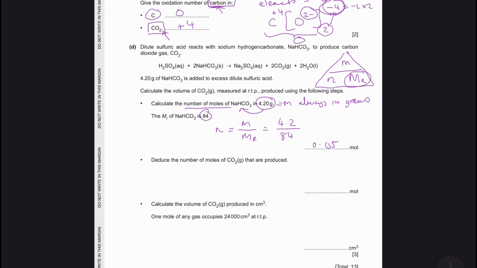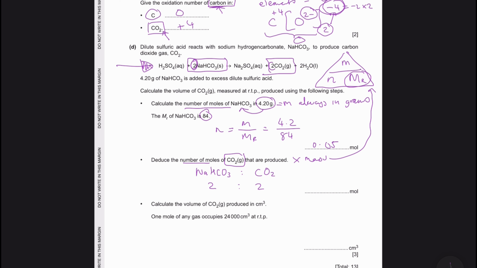On to the trickier part. Deduce the number of moles of carbon dioxide gas. So now we've got to look at the equation because they haven't given us the mass, so we can't use this equation. We've got to use the symbol equation. And we're going to look at the ratios between sodium hydrogen carbonate and the carbon dioxide. And what do I mean by that? I mean this number that's in front here, so 2. Carbon dioxide, 2.